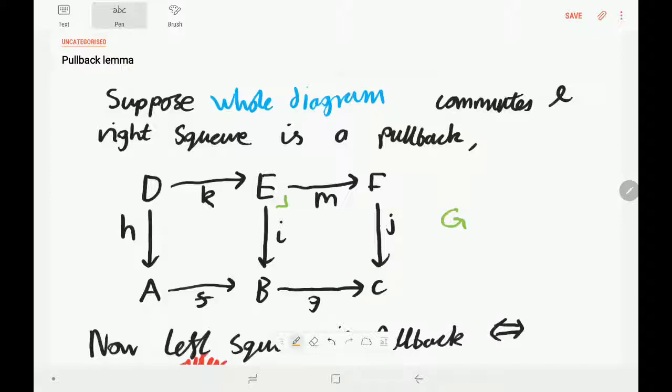We could just pull back J along G after F in one step, and then we'd get something that is isomorphic to and could be obtained from pulling back I along F.